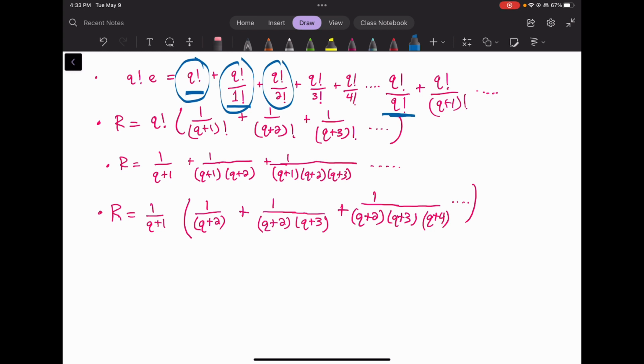So that is an integer. Same with q factorial over 3 factorial, all the way up until the qth term, and obviously q factorial over q factorial is just 1.